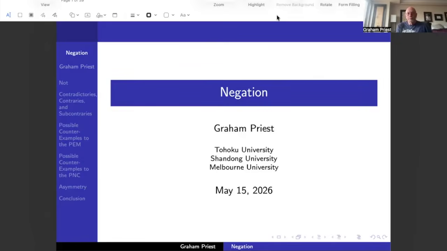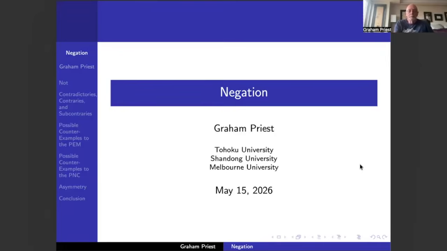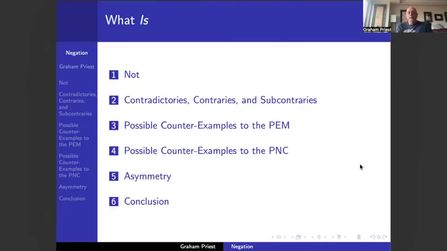So here's where we're going. First of all, I'm going to talk about a little bit of grammar. So the word not, let's just get some facts straight about that. Then I'll turn to the subject of negation and give you a very standard account. According to this, negation is a contradictory forming operator. And we'll have a look at what that means. To do that, we'll have to discuss contradictions, contradictories, and subcontraries.